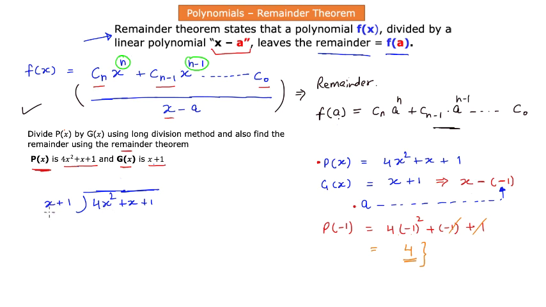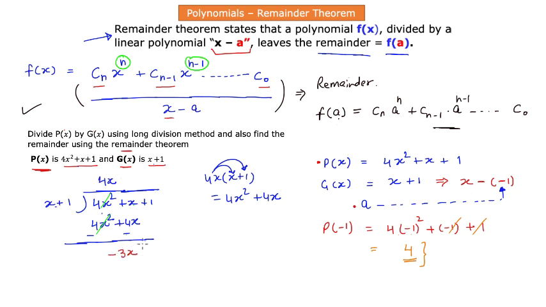You want to find a multiple that you can multiply with x plus 1 so that the first term becomes 4x squared, and that will be 4x, because 4x times x plus 1 is equal to 4x squared plus 4x. You are applying the distributive law in this method, right? And then you obtain these two values. So we will just simply rewrite this whole thing here, 4x squared plus 4x. Then you have subtraction going on, and you will obtain your remainder in step 1 to be, these two will cancel out, and negative 4x plus x will give you negative 3x, and then you get your 1 here, and then this becomes plus 1.